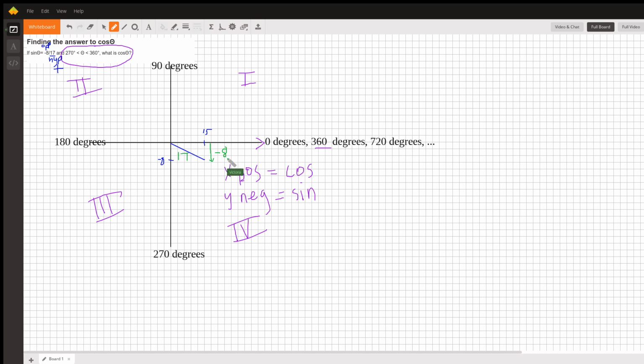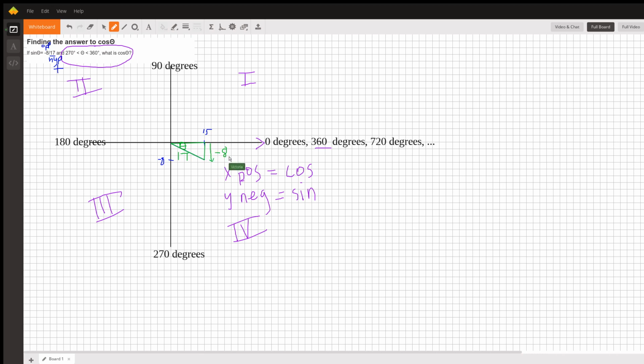15 squared plus -8 squared equals 17 squared. So here's the angle that we're talking about. And we can draw this little triangle here that's made with the angle to the x-axis. So here's our triangle. It's a right triangle.